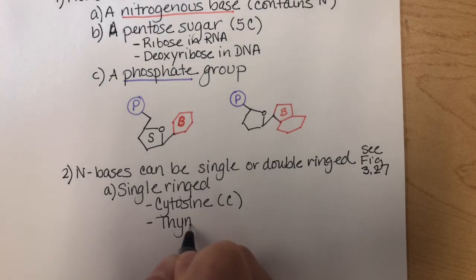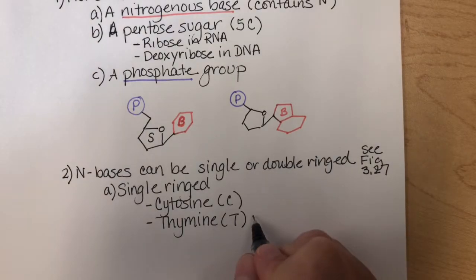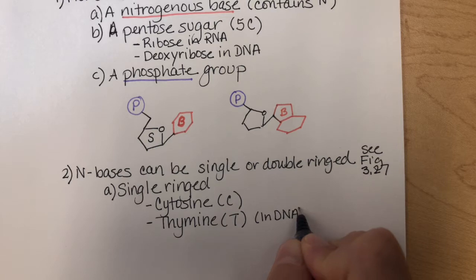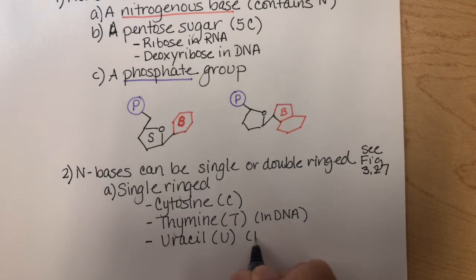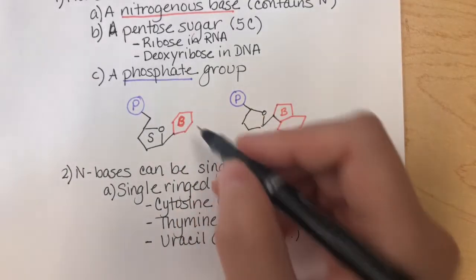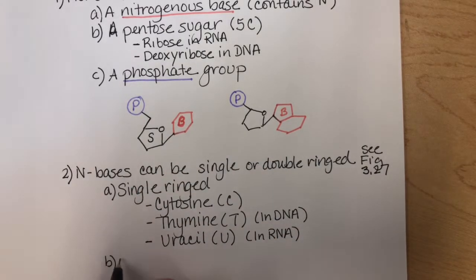Thymine, which we represent with a T. This is in DNA only. And then we have uracil, which is represented by a U, and this is in RNA only. I don't know if that's coming back to you from regular biology. So these are your choices of single ringed, and we're just talking about the base here. And then B, double ringed.